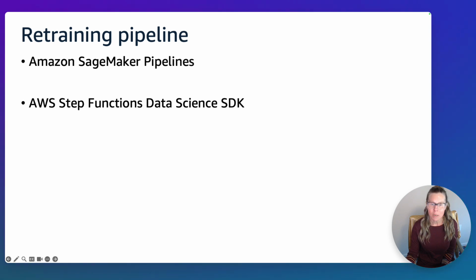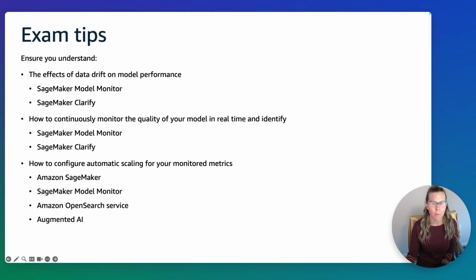So let's continue on with task statement 4.1, which is to monitor our model inference. And for your exam, ensure you understand the effects of data drift on model performance and implement strategies that monitor and adapt to data drift through retraining.